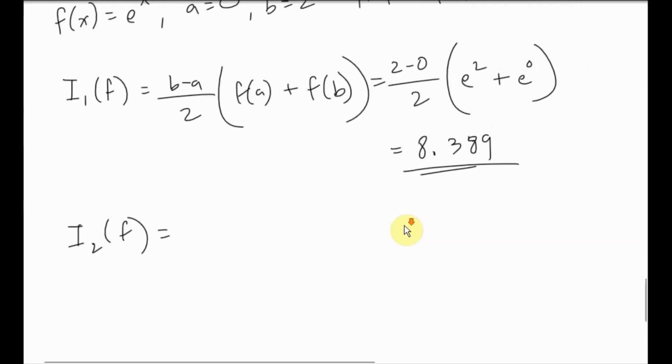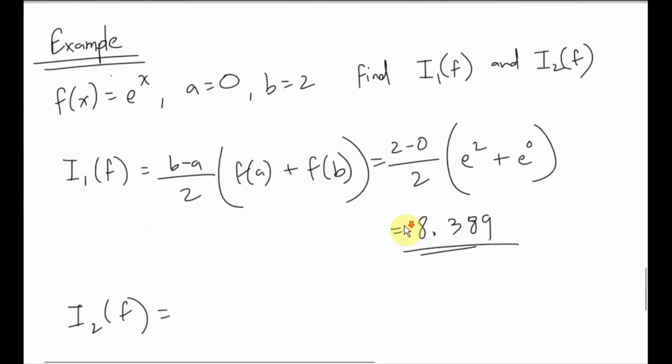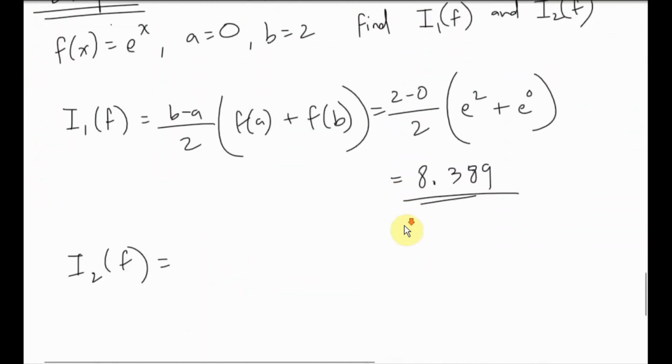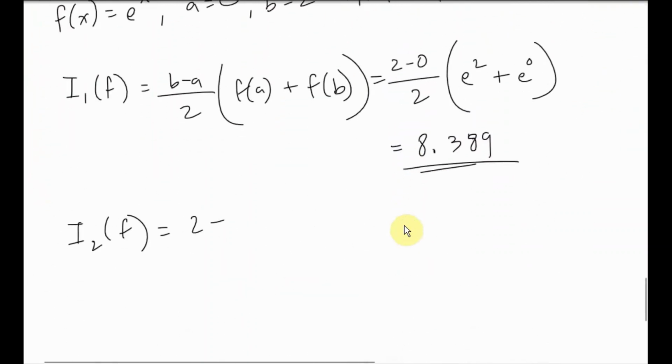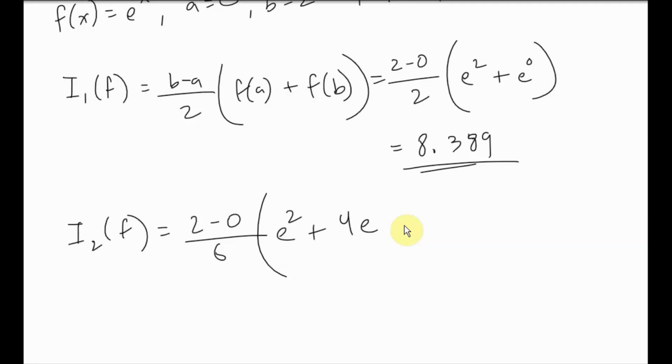What about I2 of f? I2 of f, again, just use the formula. Use the Simpson's rule formula, you're going to get 2 minus 0 divided by 6 times e to the power of 2, so that's f of a, plus 4 times e to the power of (2 plus 0) divided by 2, plus e to the power of 0.